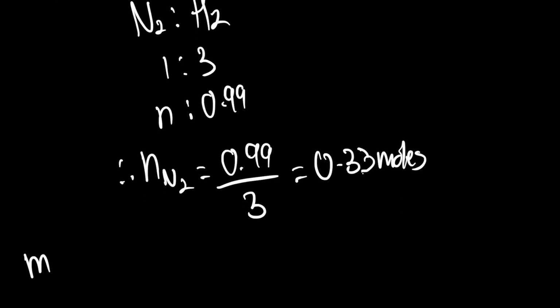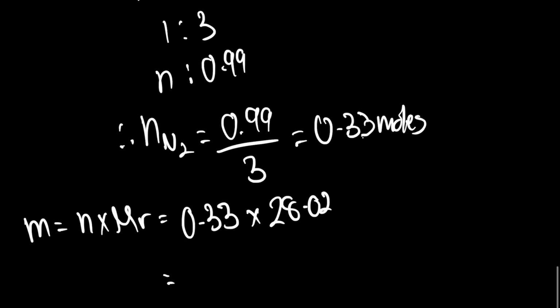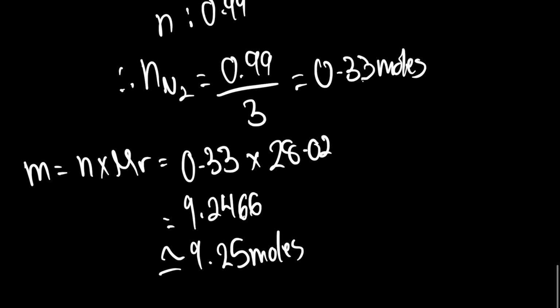And then we know that mass is equal to moles times the molar mass, which in this case is 0.33 times 28.02. And that gives 9.2466, which is approximately equal to 9.25, to an appropriate number of significant figures.